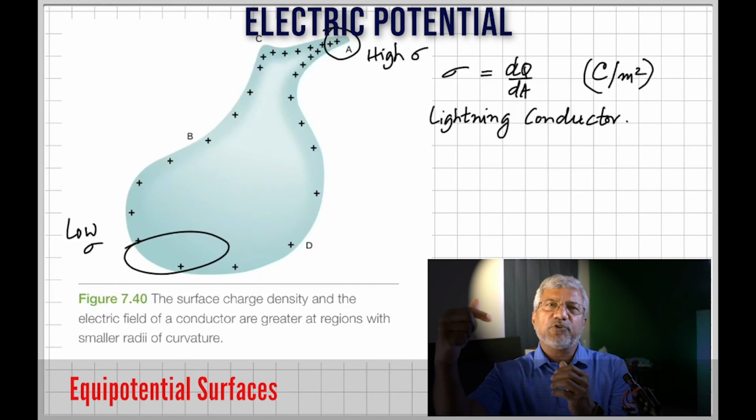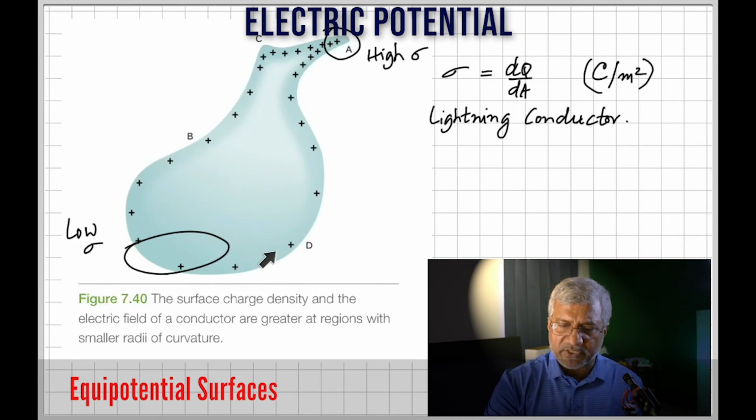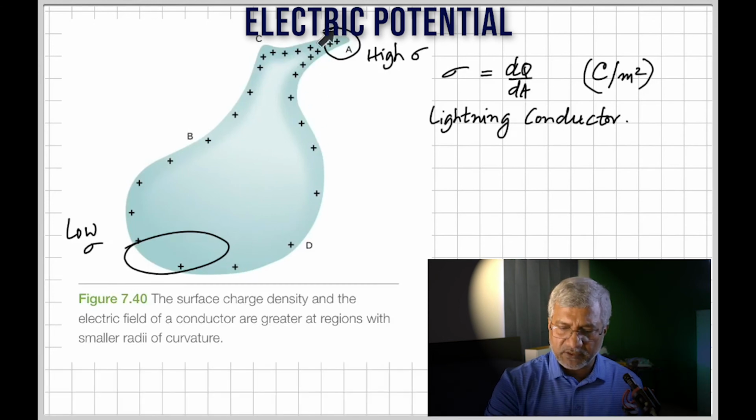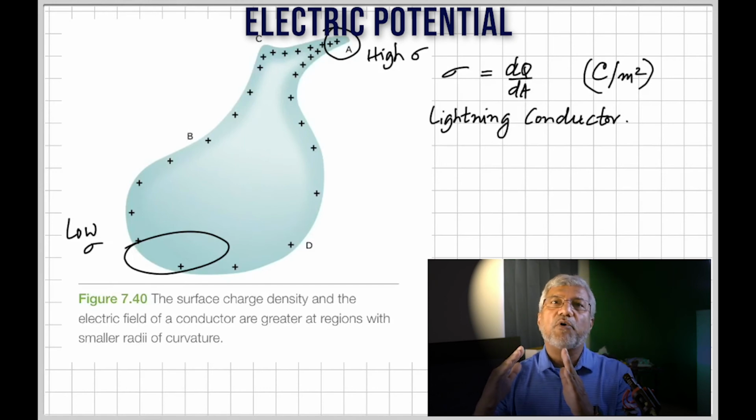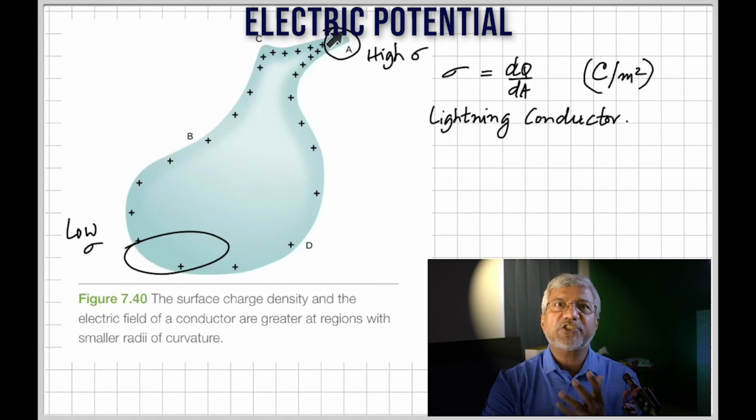That means if you take any particular area, you will find the same amount of charge. That means the surface density of charge is constant. On the other hand, if you look at a conductor shaped like this, it's very clear that charges accumulate near pointed ends where the curvature is bigger or where it is sharper.